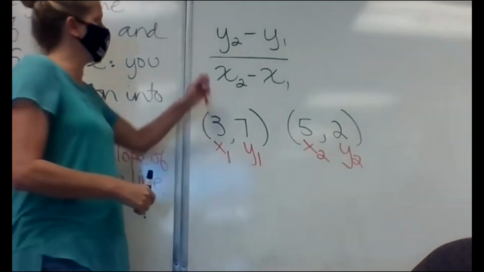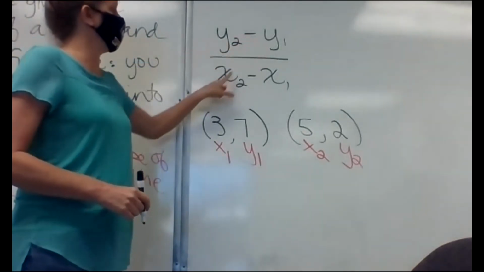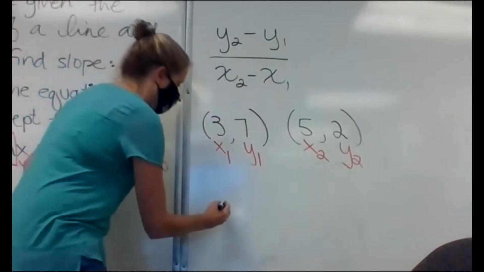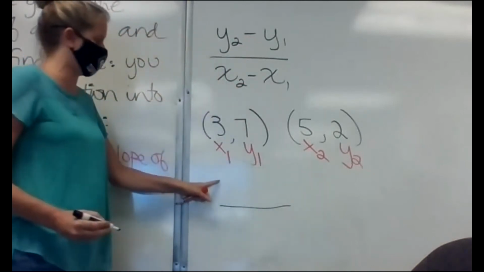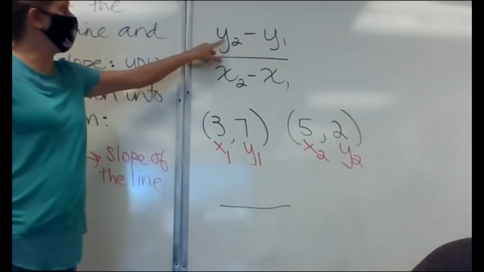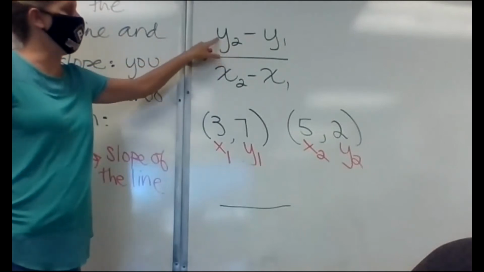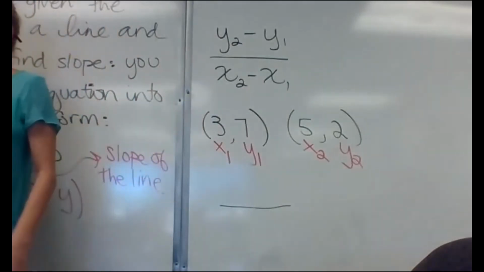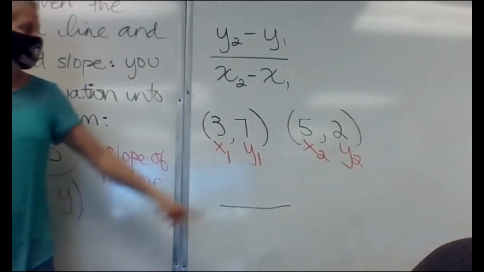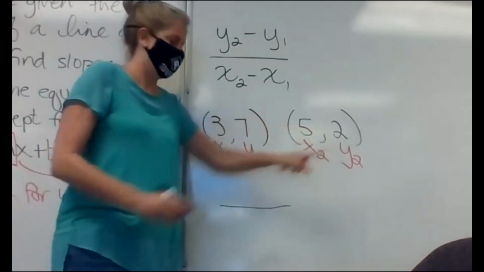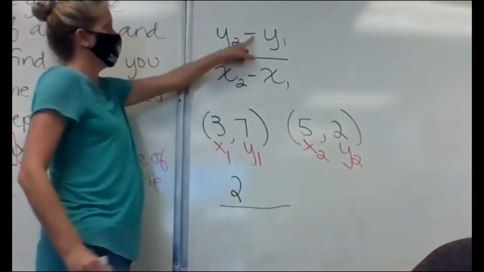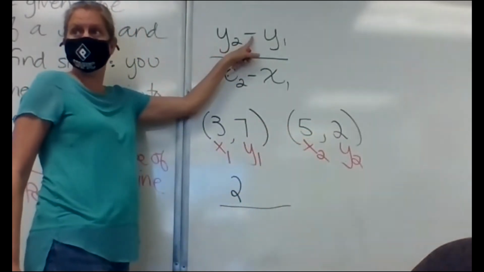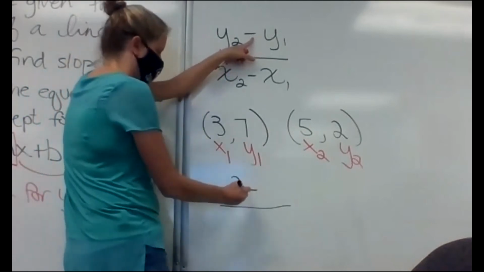Because now I simply plug in the numbers where they go. So let's see, it's going to be a fraction. In top, I've got my second y. What number here, since I have it labeled, is the second, which is y2? That's this number right here. Minus, that's the formula, it says to subtract.